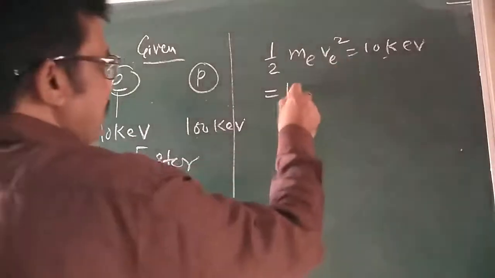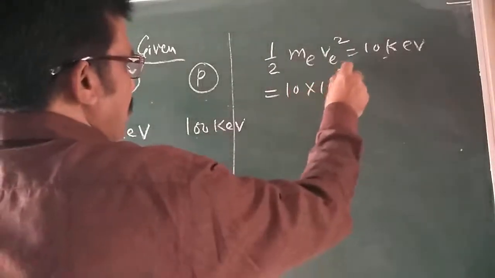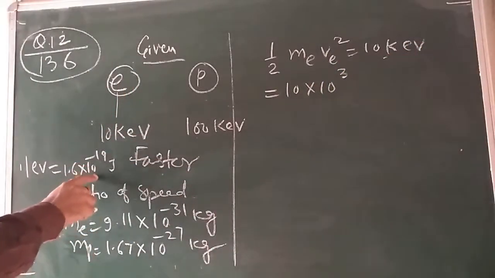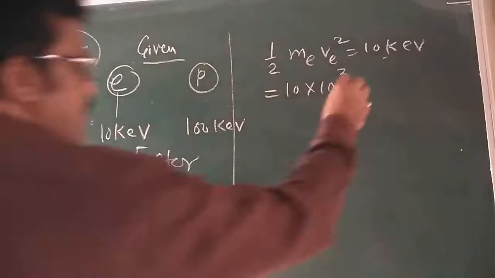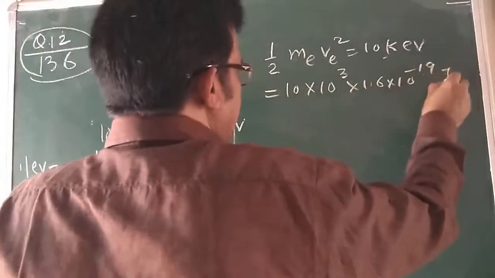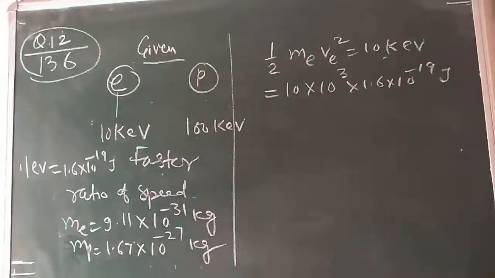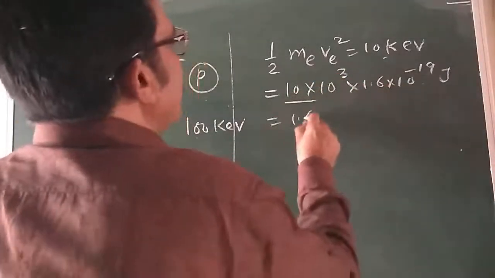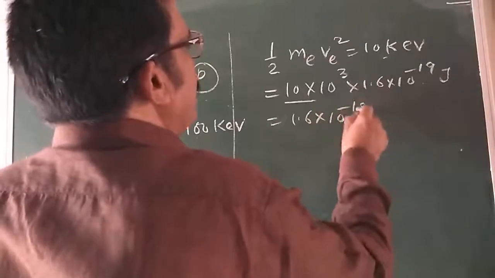Kilo means 10 raised to power 3, and 1 electron volt is 1.6 into 10 raised to power minus 19 joule. So this is the kinetic energy of the electron. 3 and 1 is 4, from 19 it becomes minus 15. So 1.6 into 10 raised to power minus 15 joule.